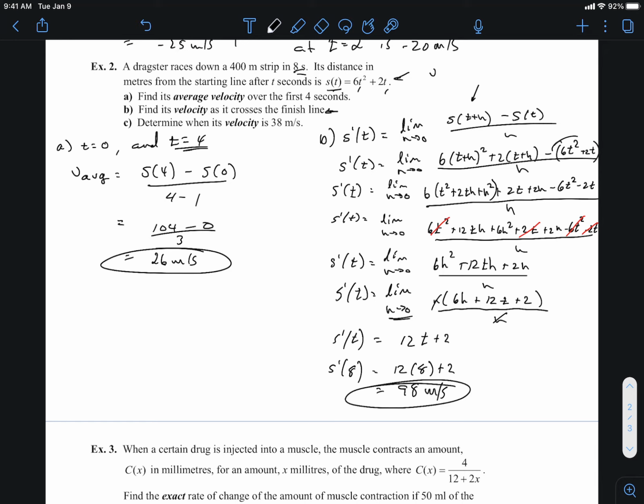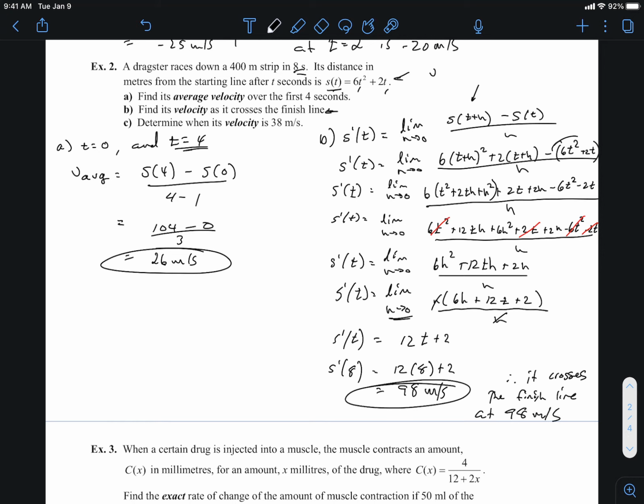So there you go. I think this is kind of cool because we're actually taking the math that we've learned and applying it to a situation where we can figure out something, right? So it crosses the finish line at 98 meters per second.